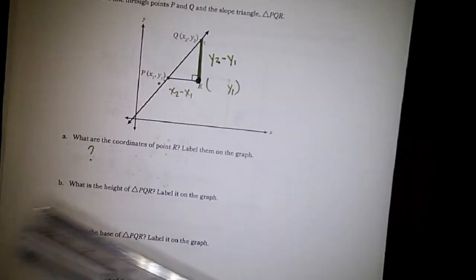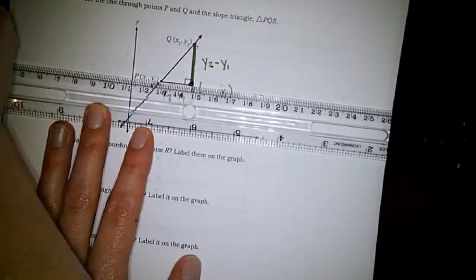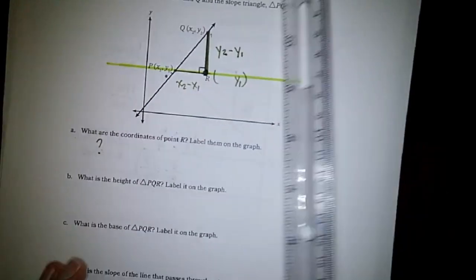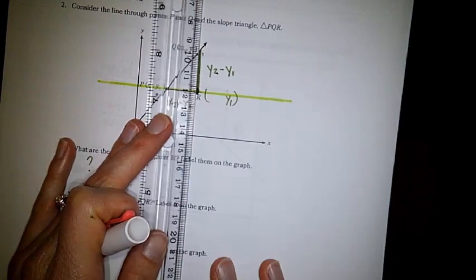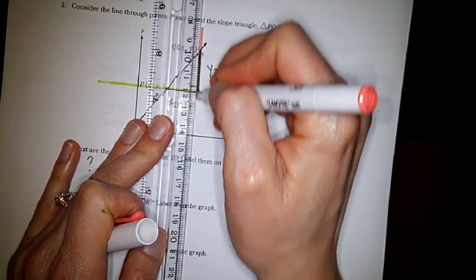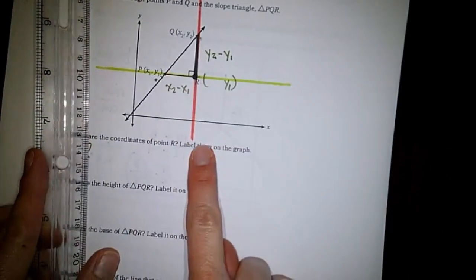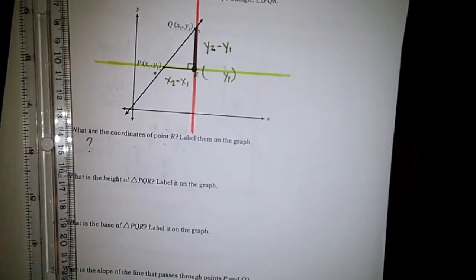If I draw two lines, what is the pink line's equation? Equation. What is this pink line's equation?